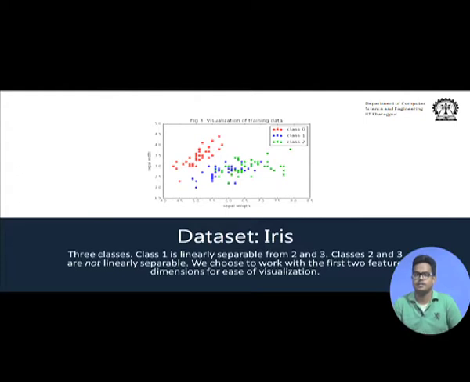For the ease of visualization, we will choose just the first two feature dimensions, that is the sepal dimensions, the sepal length and the sepal width, for describing the iris flowers.